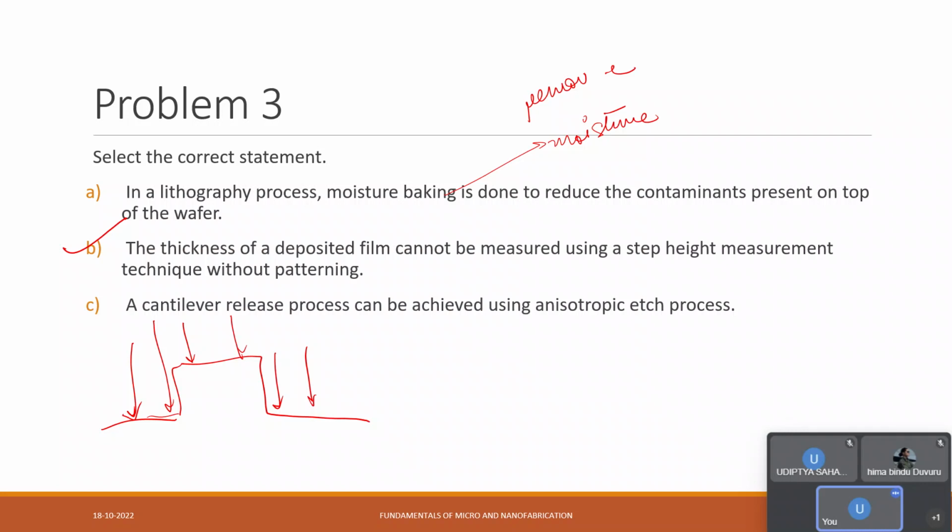Now the last one: a cantilever release process can be achieved using an anisotropic etch process. If we have a cantilever like this, this portion is the mask, and this portion is what has been anisotropically etched.